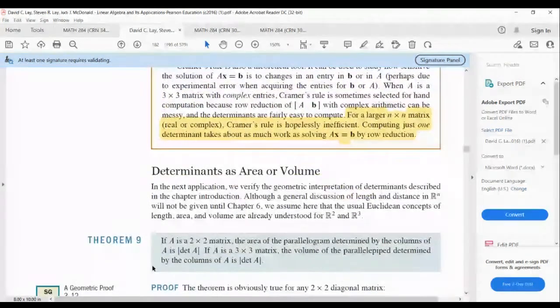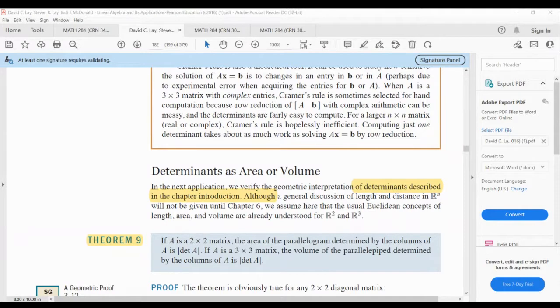All right. So Theorem 9 here talks about a geometrical interpretation of determinants.